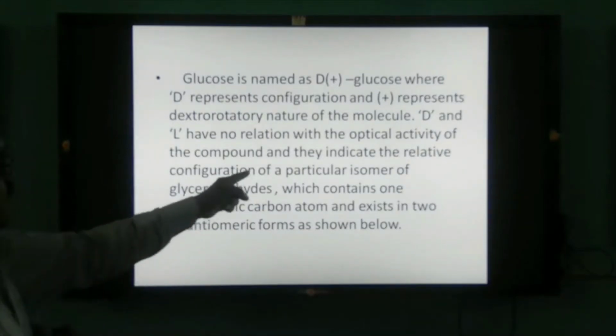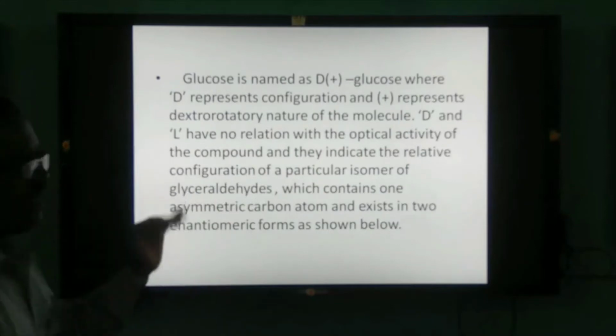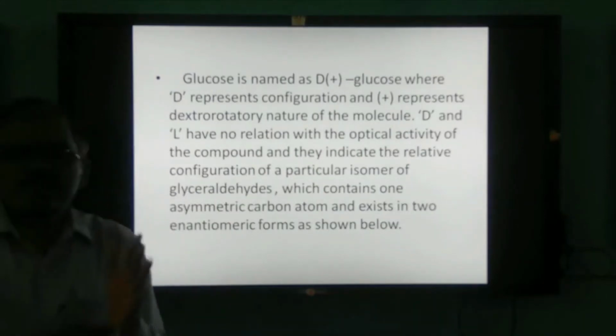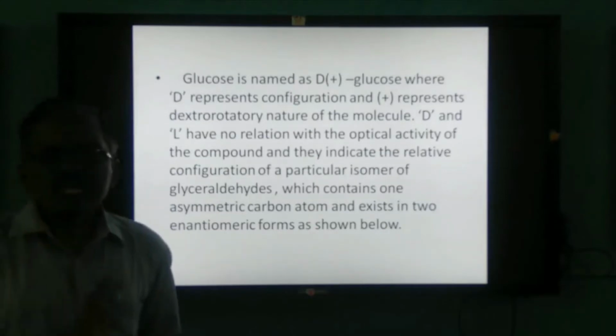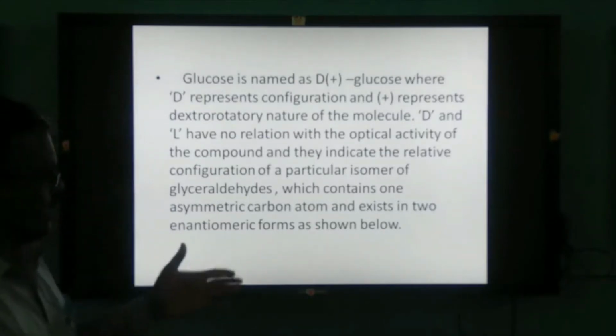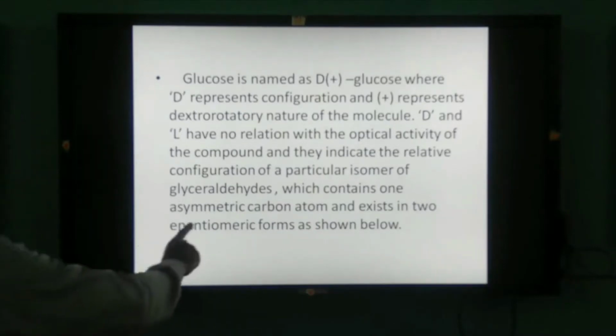Of course, D and L indicate the relative configuration of a particular isomer of glyceraldehyde. So we will come to know what is capital D and capital L by taking the arrangement of the aldehyde and hydroxyl groups with reference to glyceraldehyde, which is D-glyceraldehyde and which is L-glyceraldehyde. We will also see which contains an asymmetric carbon.